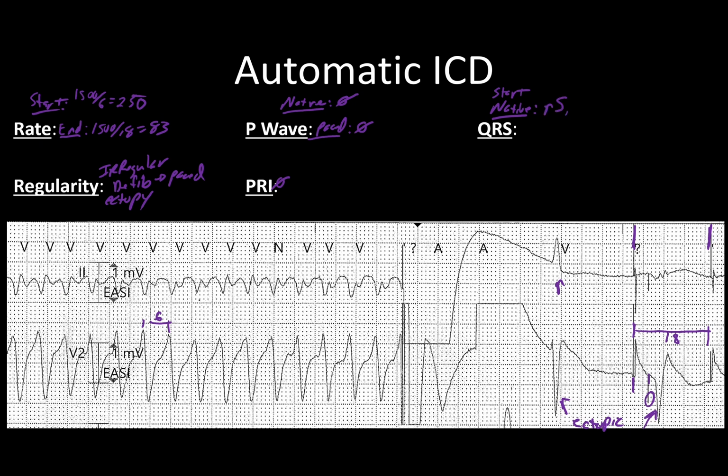In terms of measuring the width, I'm actually going to use down below as my markers for that. I'm going to mark from here to about right here. And so that gives me 1, 2, 3, 4 or so. So we're wide, we're tall, and we're fast.